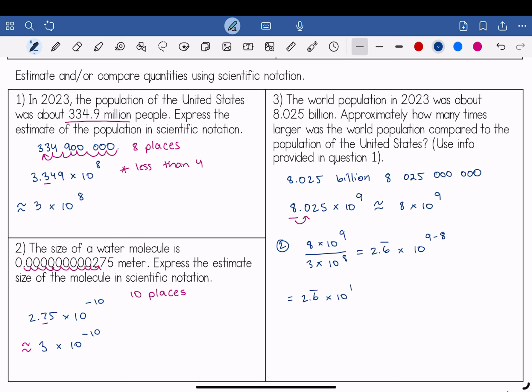I'm going to convert it to standard form, which is 26.6 repeating. And now I'm going to write the approximation.